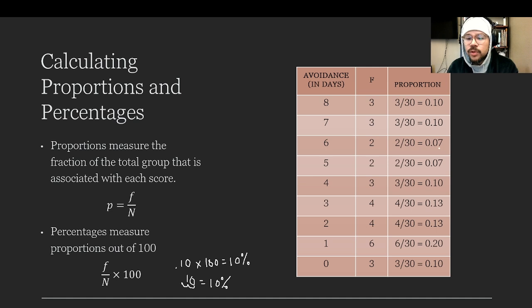Okay. If we were to do that here with our 0.7, move our decimal one, two places to the right, and we are going to have 7%. We'll move this 0.13 two decimals to the right. We're going to have 13%.